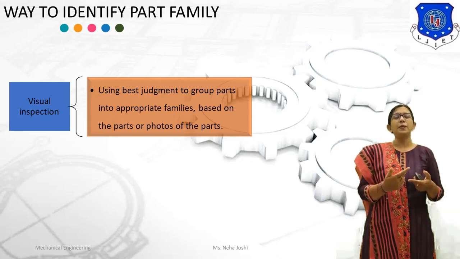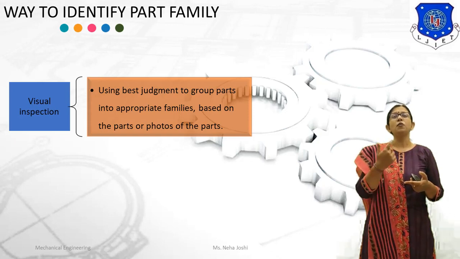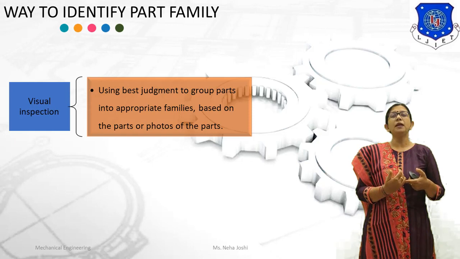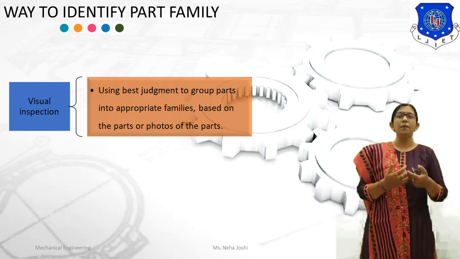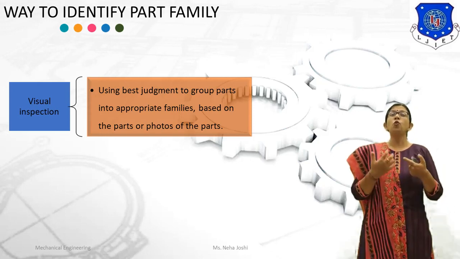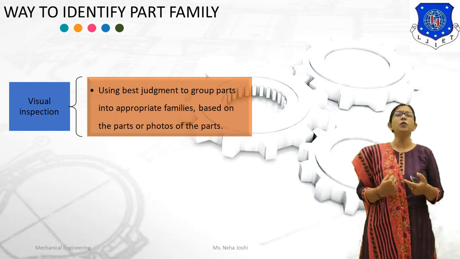Visual inspection is the least expensive method, however it is the least sophisticated and least accurate method. It needs a lot of experience and can only be employed if the number of parts is not very large. So visual inspection is not generally used in group technology.